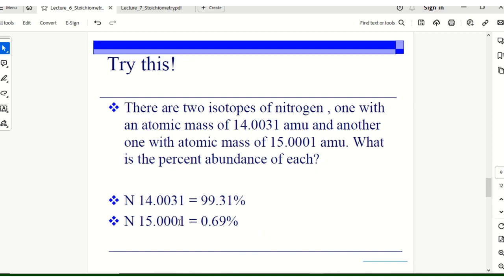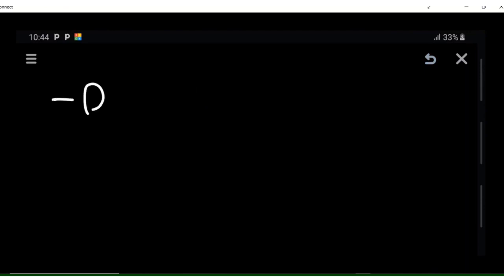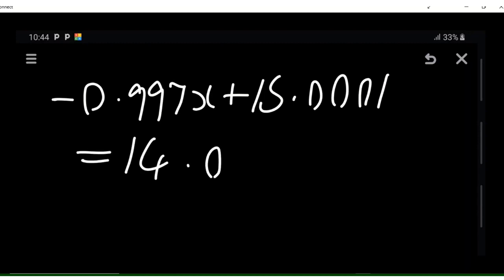So I'm having negative 0.997x plus 15.0001 equal to 14.007.